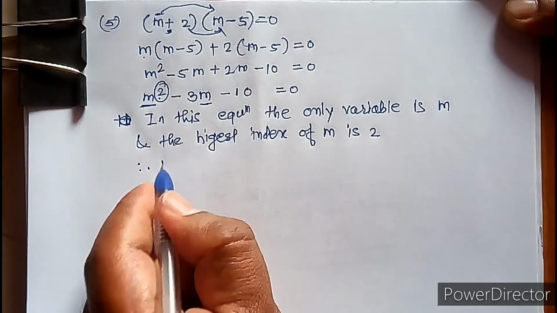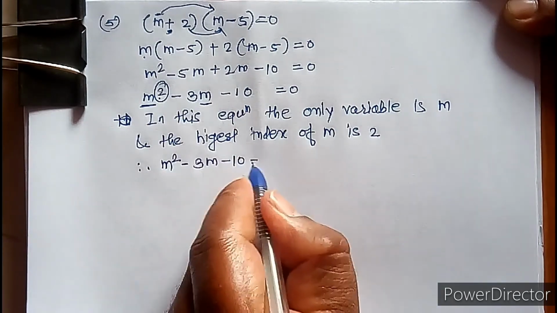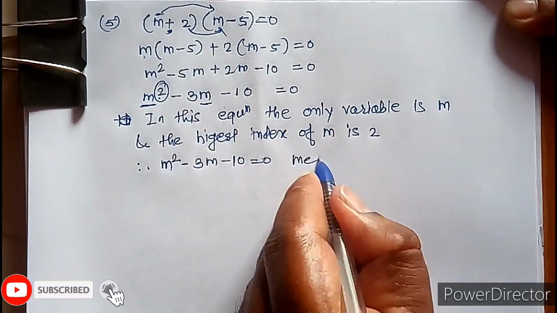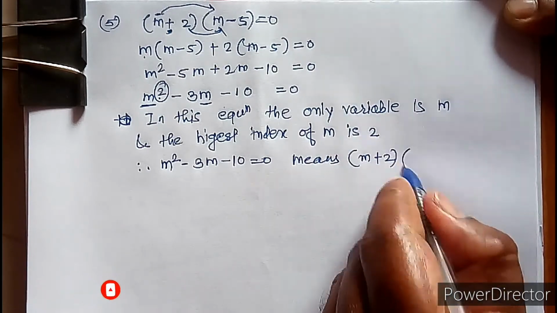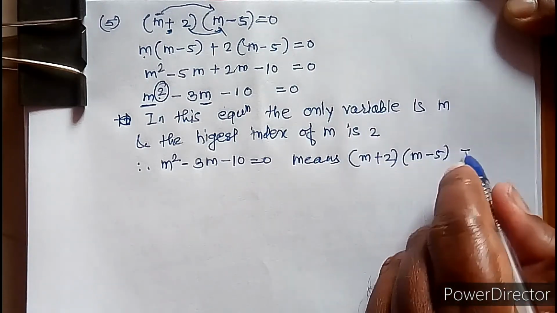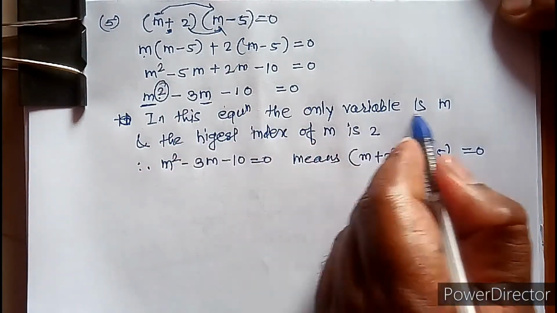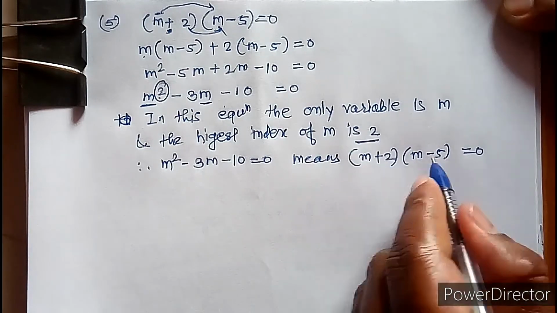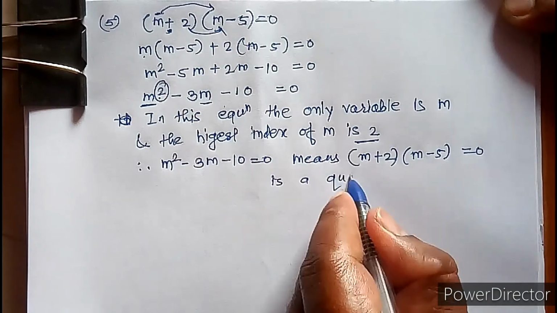Therefore m square minus 3m minus 10 equals 0 is the form of the equation m plus 2 into m minus 5 equals 0, which means this equation satisfies both conditions, that is, the only variable and the highest power is 2. Therefore m plus 2, m minus 5 equals 0 is a quadratic equation.